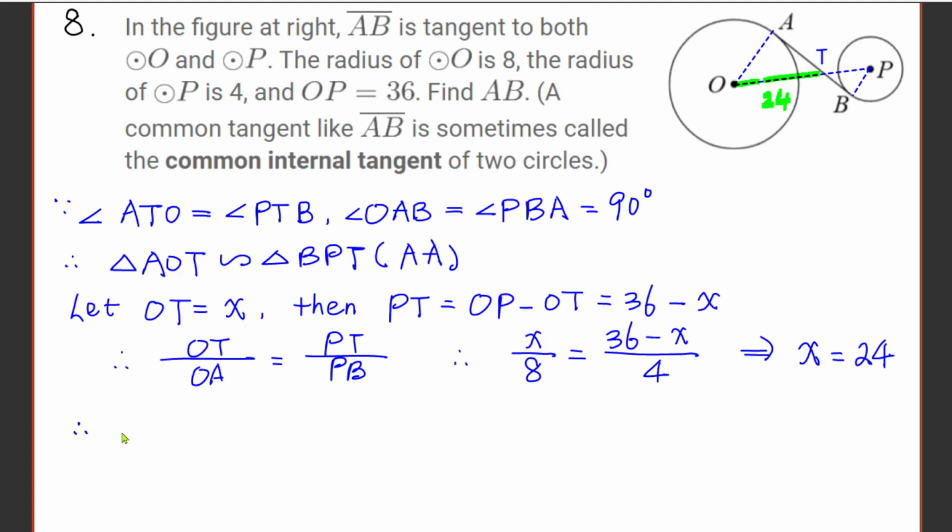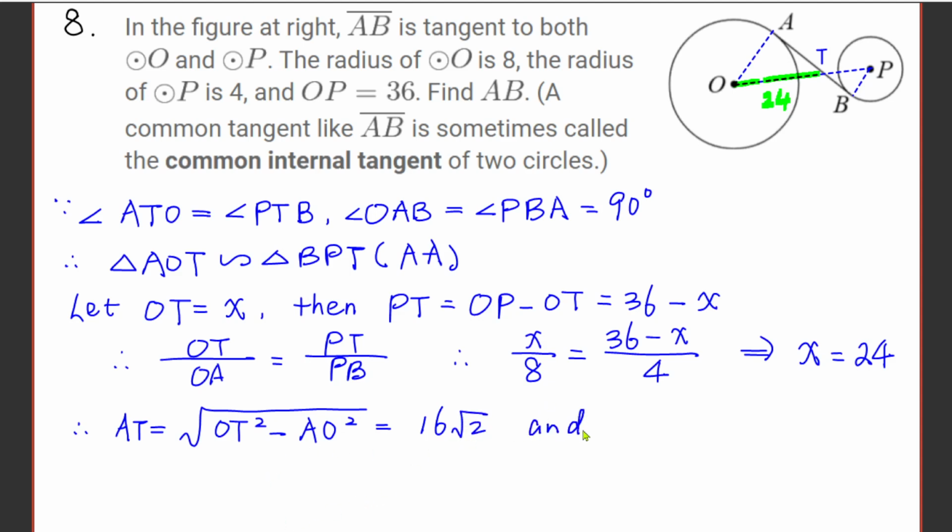And therefore, we have AT equals the square root of OT squared minus AO squared, which equals 16 square root 2, right?